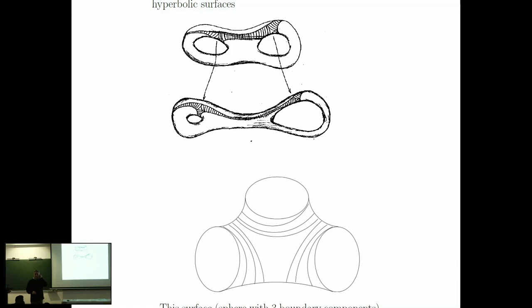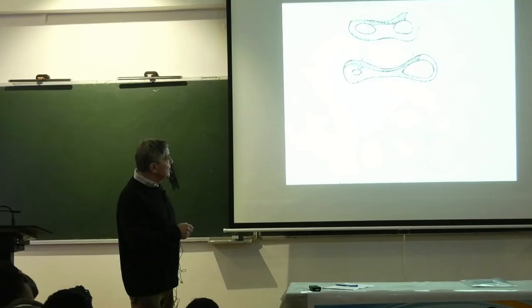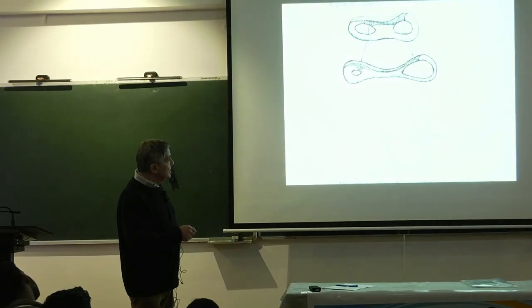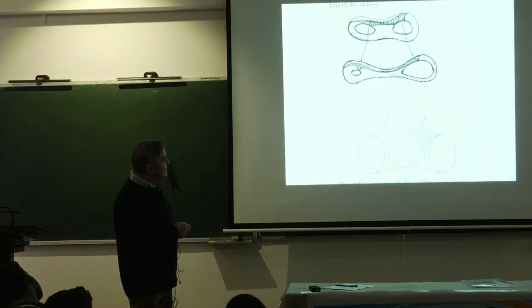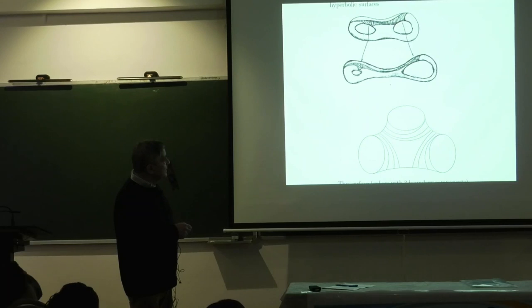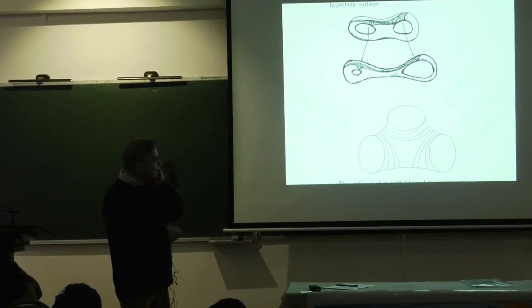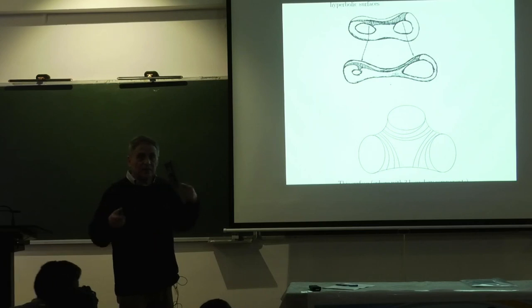This is also part of the theory of hyperbolic surfaces. Any hyperbolic surface, if I take one closed geodesic here, one here, and one here, and cut the surface along these closed geodesics, I get 2 surfaces homeomorphic to this one with geodesic boundary, and geometrically, each one is the union of 2 ideal triangles which spiral along the boundary.